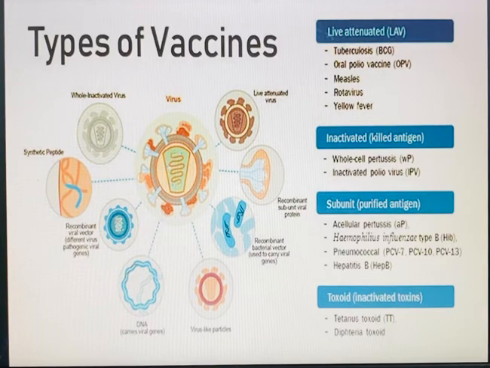Okay, there are subunit or purified vaccines, which are formed from the purified antigens. So only the portions of the germs that cause an immune response are used to create subunit vaccines. For example, the virus spikes or protein caps of a virus that can cause a disease.